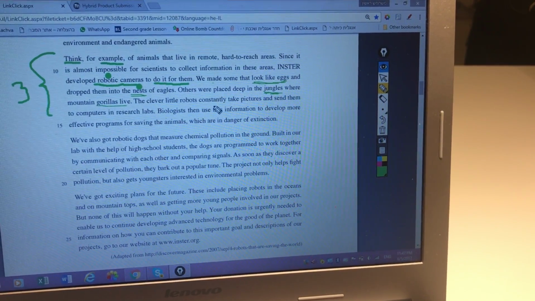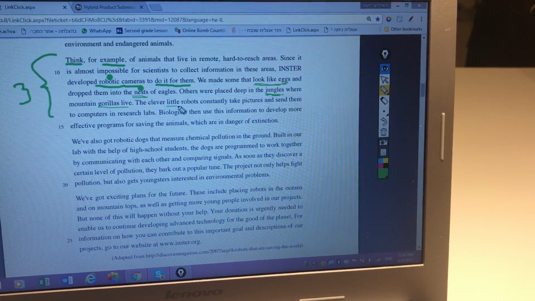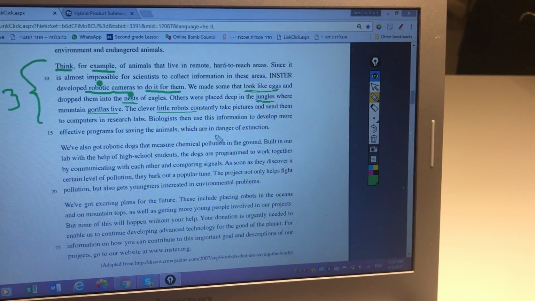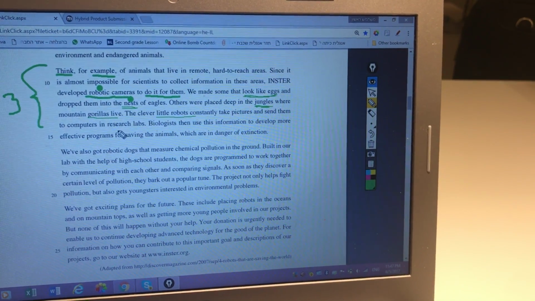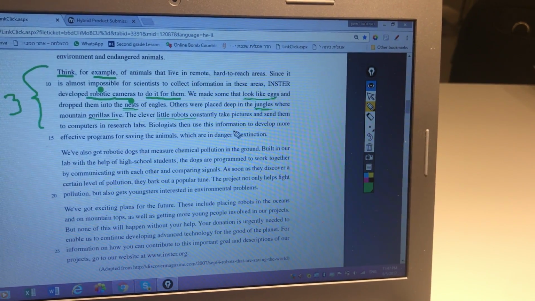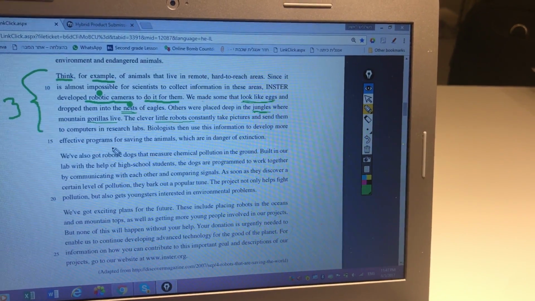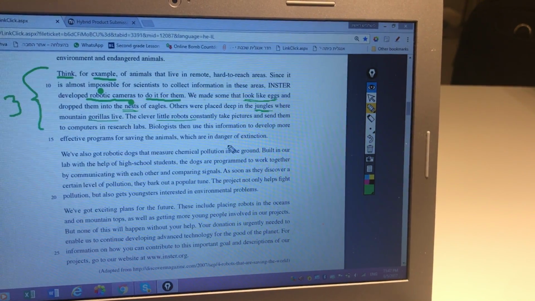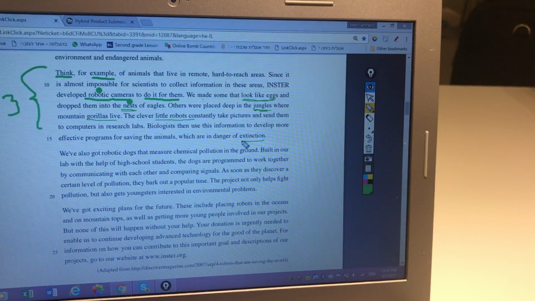The clever little robots, so here we understand they're little, constantly take pictures and send them to computers in research labs. Biologists then use this information to develop more effective programs for saving the animals which are in danger of extinction.